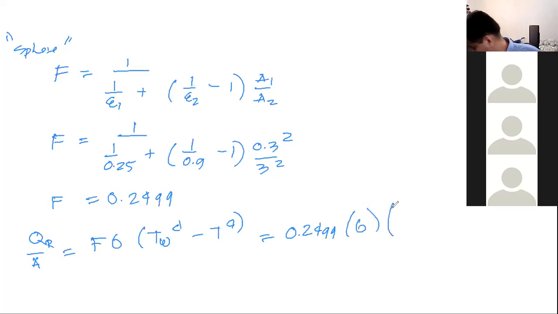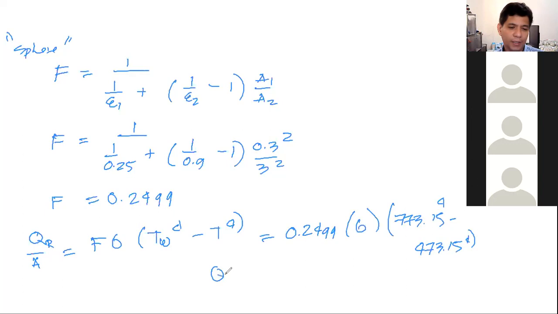Ang temperature natin is 773 because that's 500 and 200... 773.15 to the fourth minus 473.15. Ilan ang QR over A natin? Radiation heat flux.